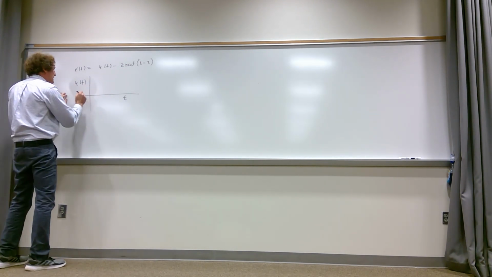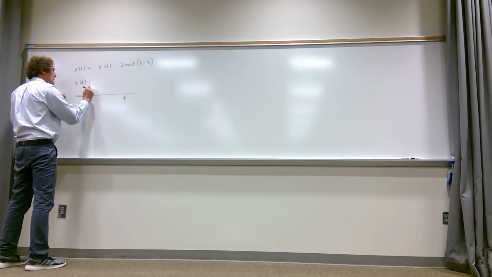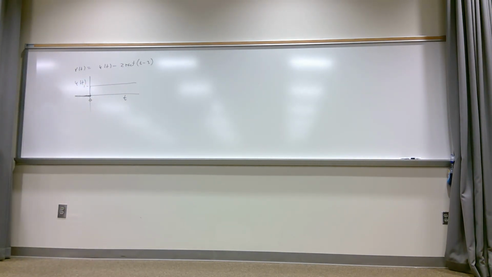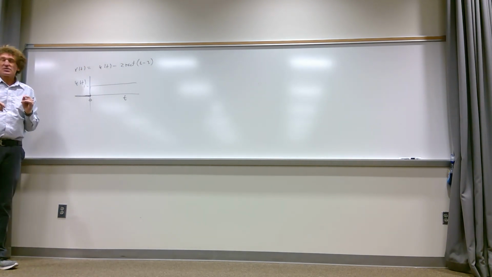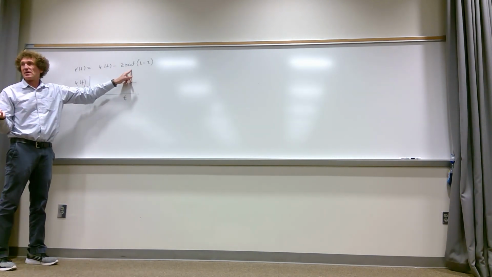And u of t is simply going to be 0 here, and then it goes to 1 here, and then it stays 1. That's the first function. The second function is the rect function. Rect of t itself is like a pulse function, right?